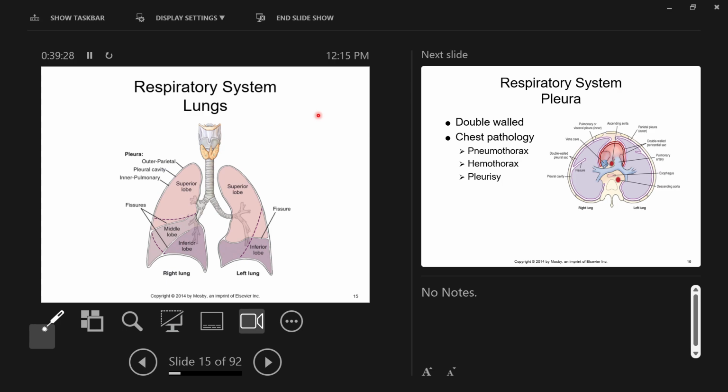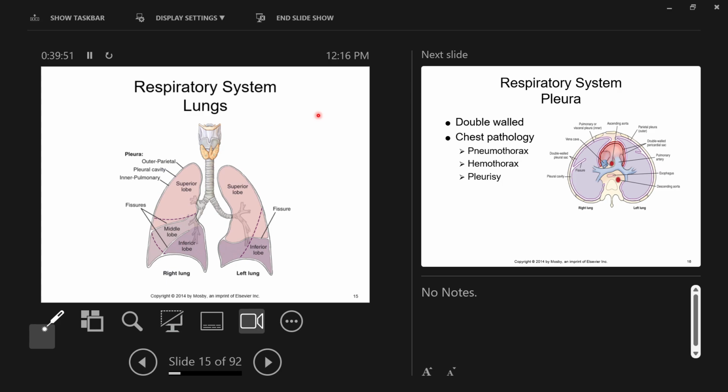These ends, costophrenic, laterally, close to the ribs. So that's your macroscopic view on the lungs: apices, bases, costophrenic angles, cardiophrenic angles. Three lobes to the right, two lobes to the left. Left is tall and skinny, right is short and fat.